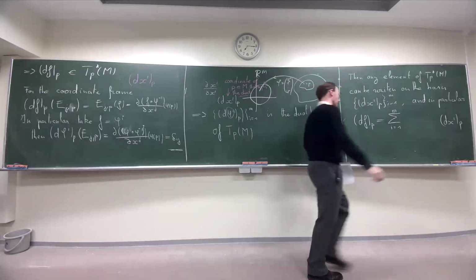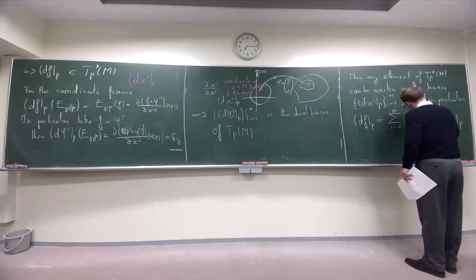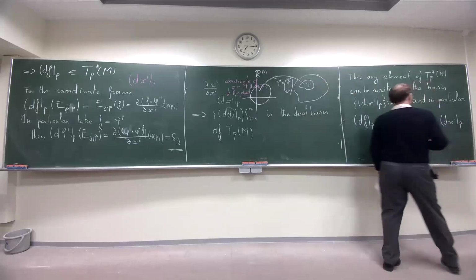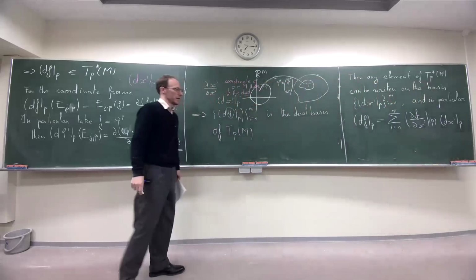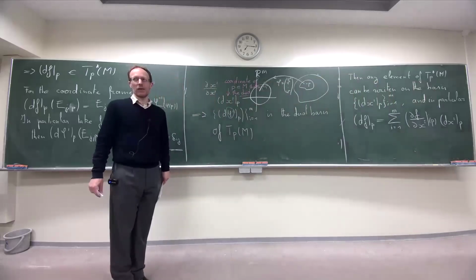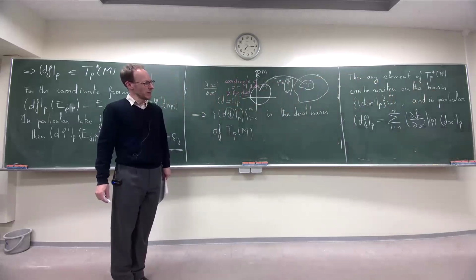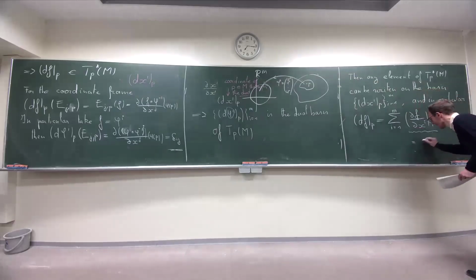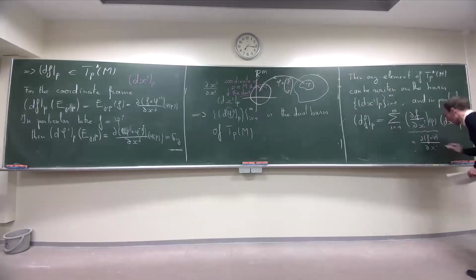And what people write is just this notation, which I don't fully like, because it's not really meaningful. If you think about it, it has not really any meaning. But the way we have to understand it is d of f composed with phi inverse, derivative with respect to x_i. Now it's meaningful, evaluated at phi of p. And this is indeed df applied on e_i at p.